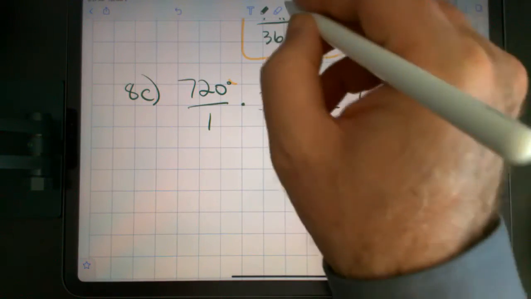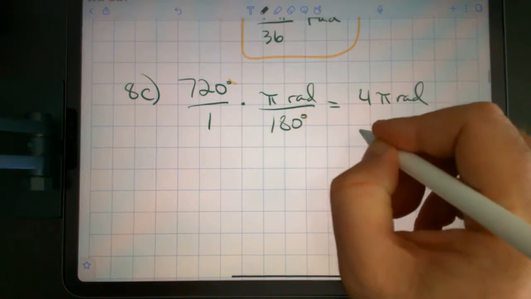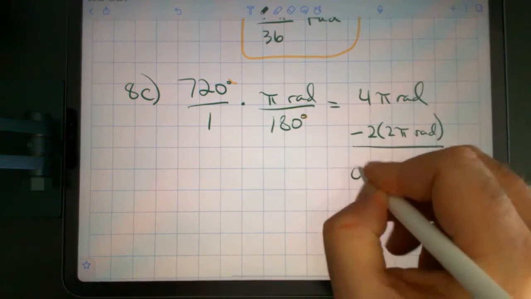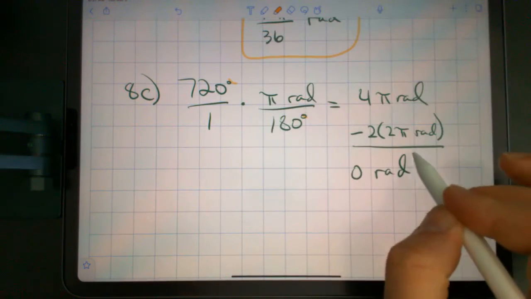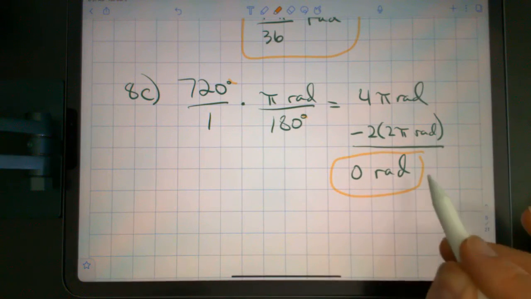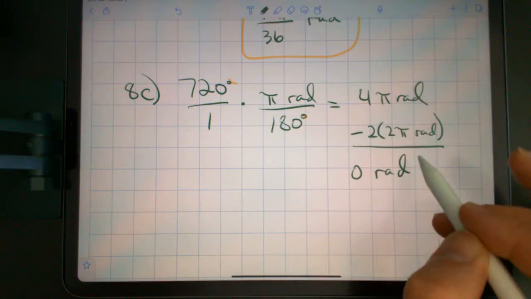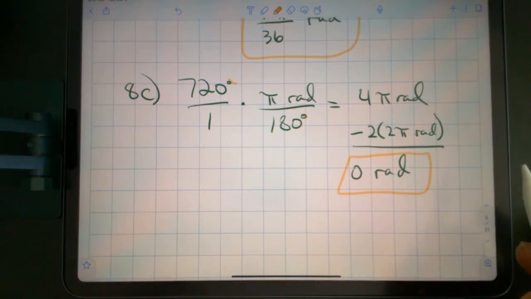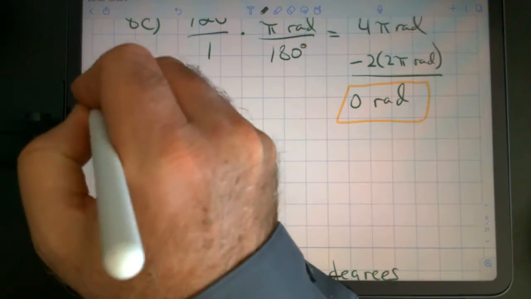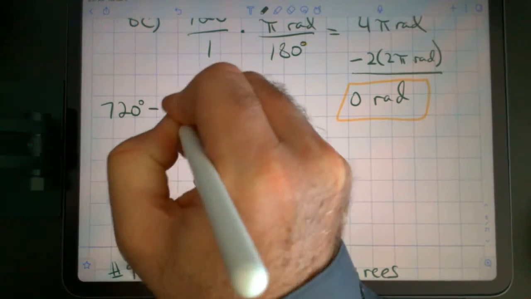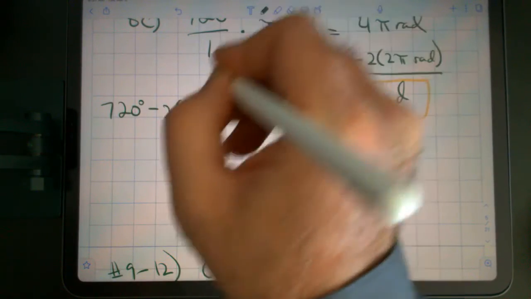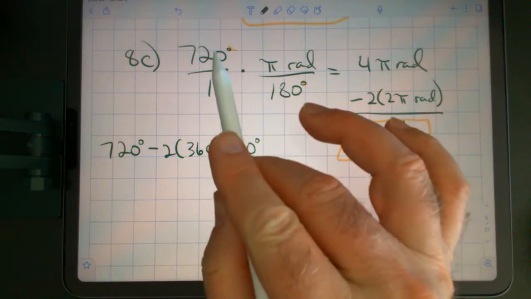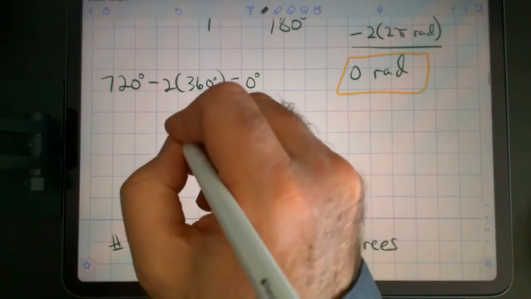So you end up with 0 radians. You can either start with 720 degrees or start with 0 degrees, and you'd get the same result.